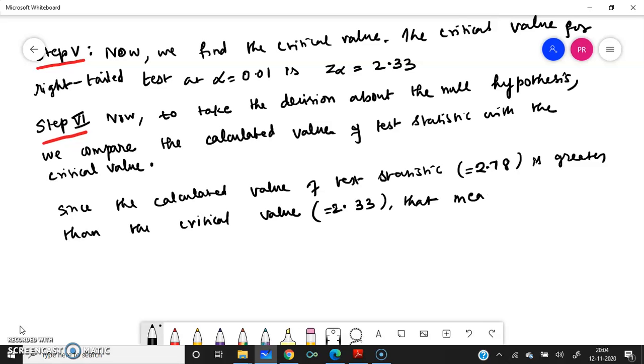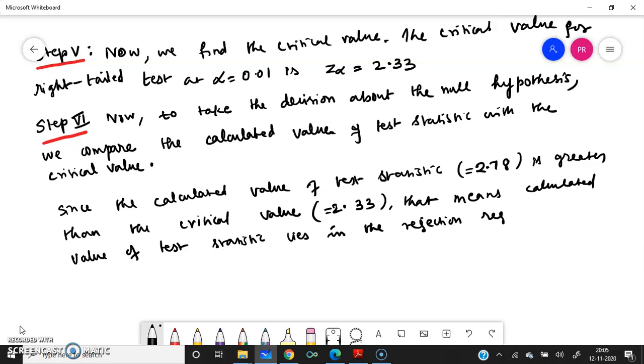That means the calculated value of the test statistic lies in the rejection region at 1% level of significance.